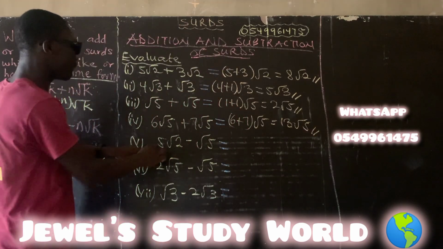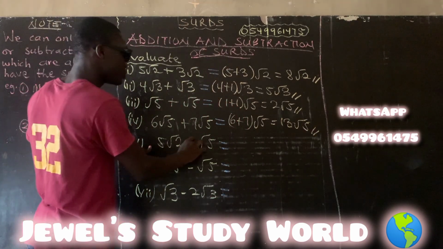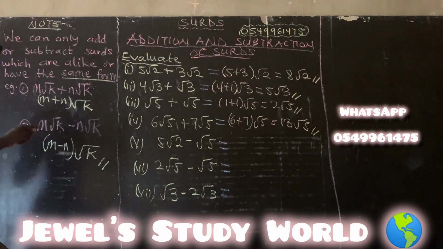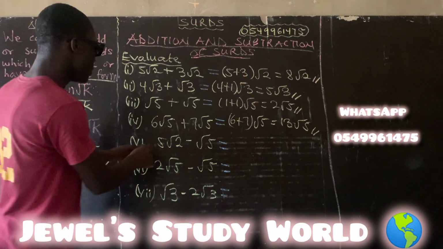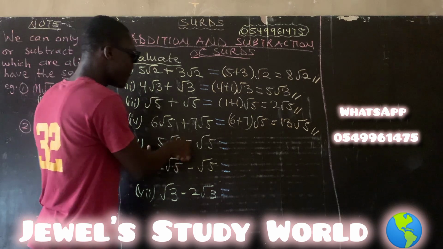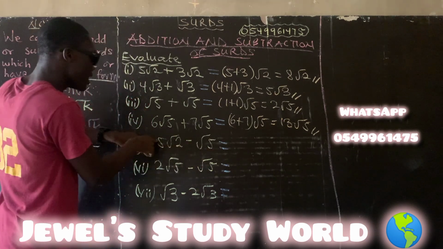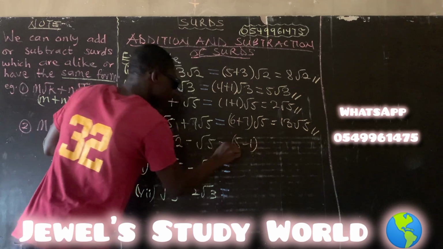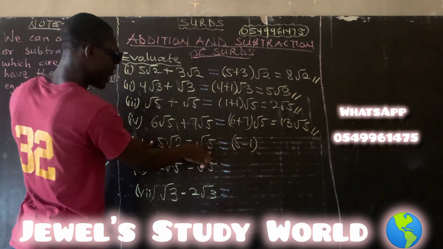Now here you have 5 root 2 minus root 5. How can we subtract this? Note, refer from here: n root k minus m root k is equal to n minus m, then we have root k. So here we have 5 root 2 minus root 5.